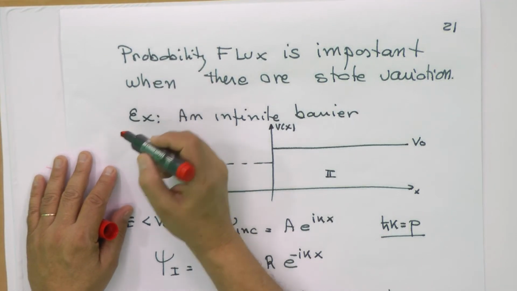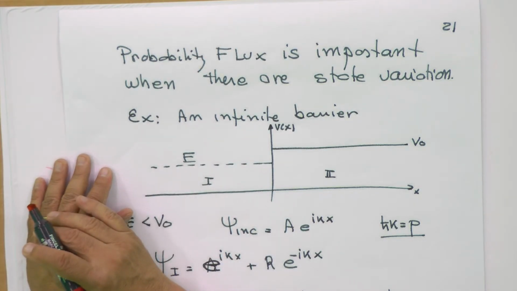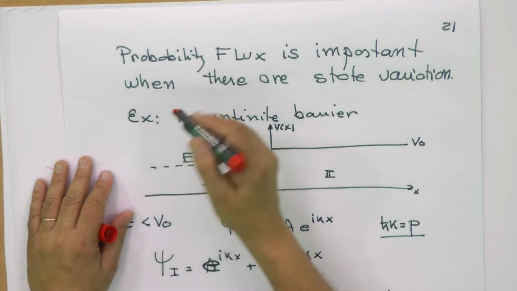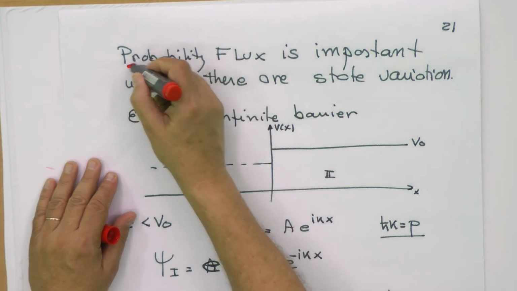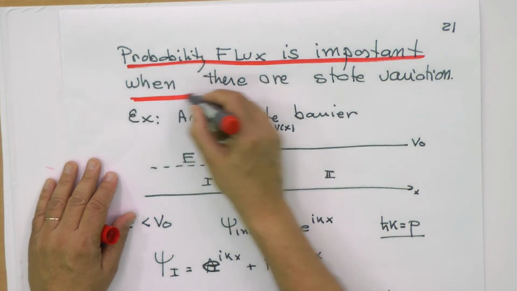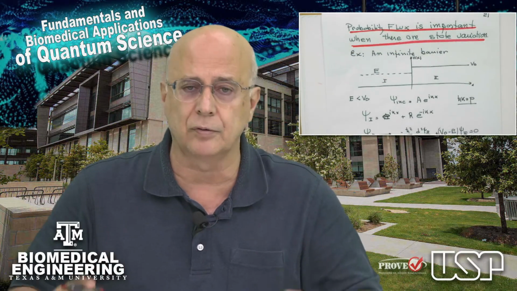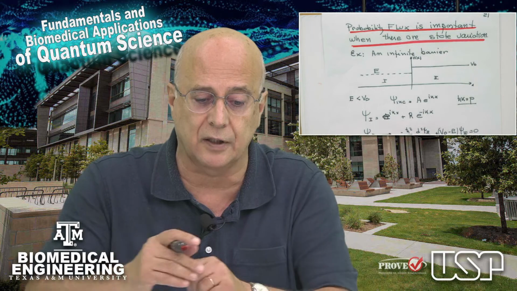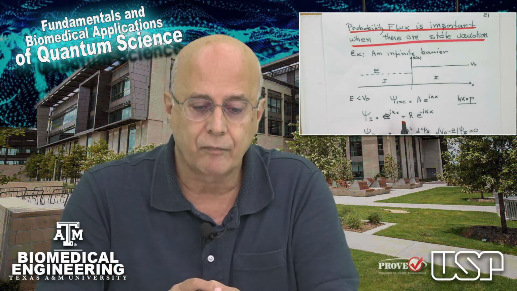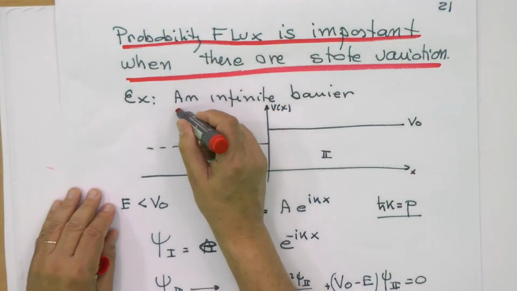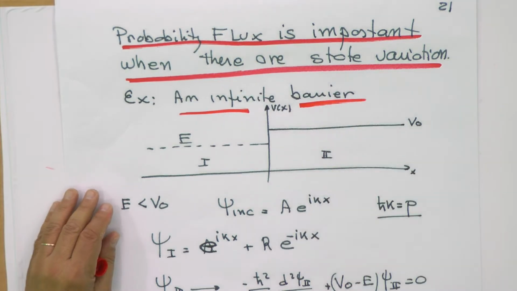So we see the probability when there is a step variation. By the way, we see a lot of probability flux variation in time when we have a transition of electrons from one state to the other, from one configuration to the other, and we're going to go back to this. Now I want to consider an infinite barrier.